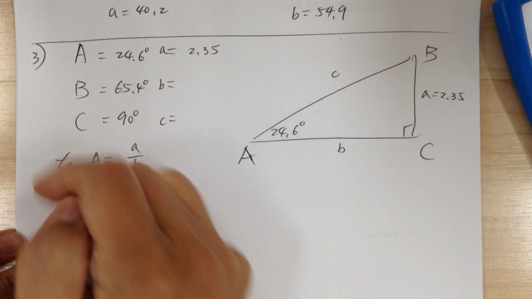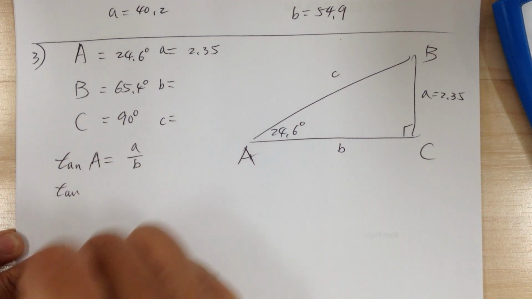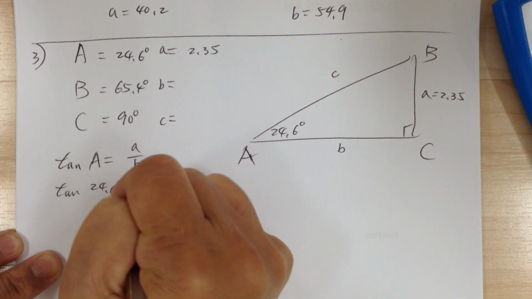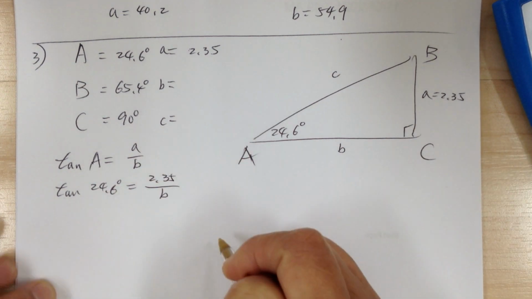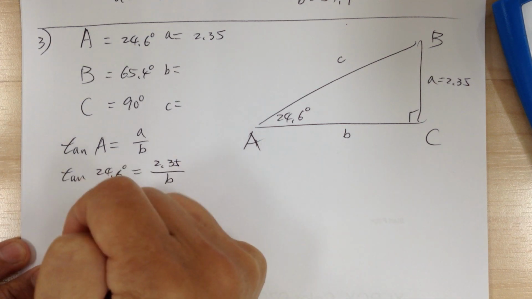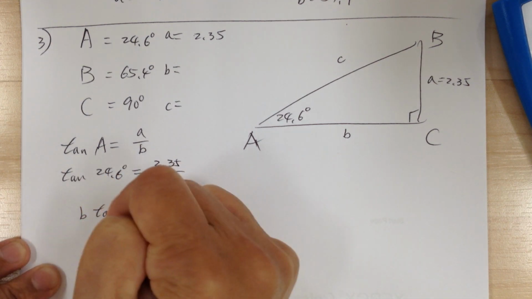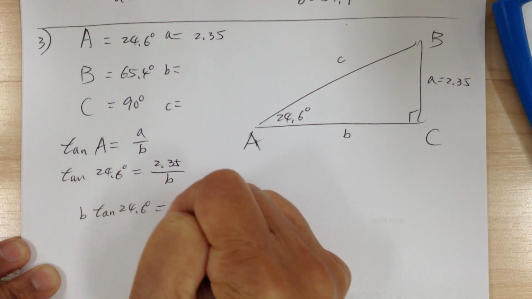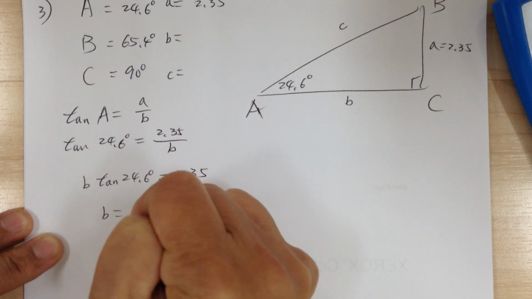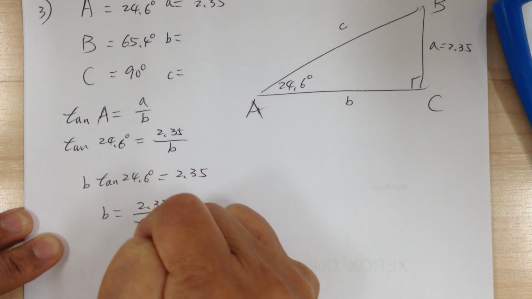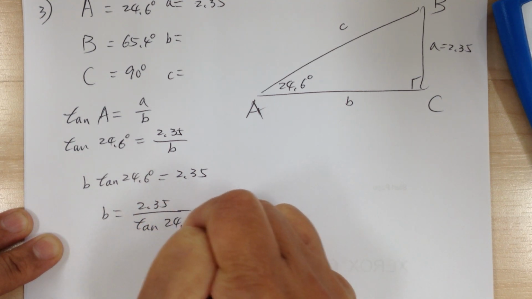Okay, then you substitute the numbers in there. So you got tangent of 24.6 degrees is equal to 2.35 over b. So cross multiply. So you got b tangent of 24.6 degrees equal to 2.35. Then you divide. So b equal to 2.35 divided by tangent of 24.6 degrees.